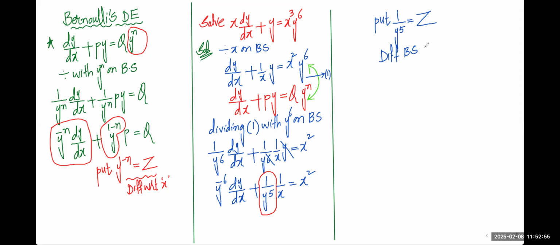Differentiate both sides with respect to x. d by dx of 1 by y power 5, which can be written as y power minus 5, is equal to d by dx of z.